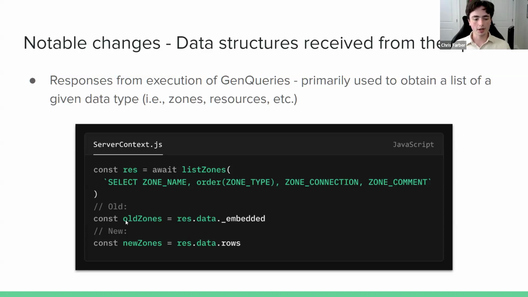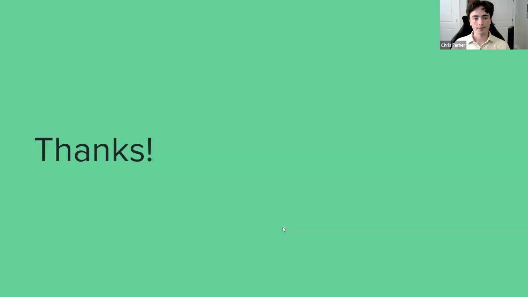In the old REST API, you would access the response by accessing this underscore embedded field, but that has been renamed to .rows. And so that basically just involved picking through each file of the ZMT and changing all occurrences of underscore embedded to rows.